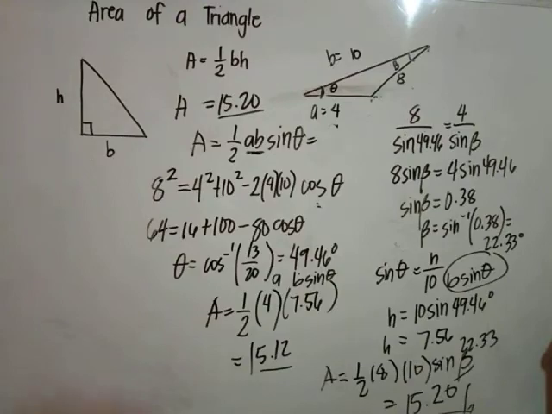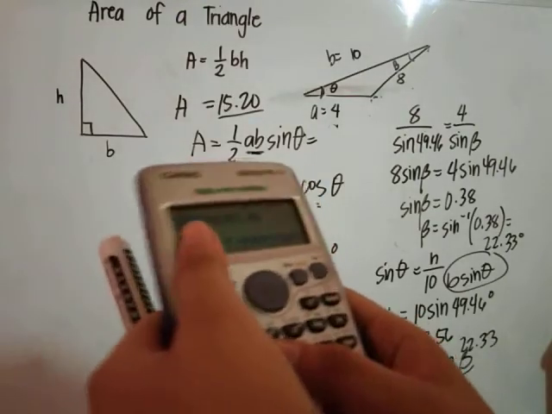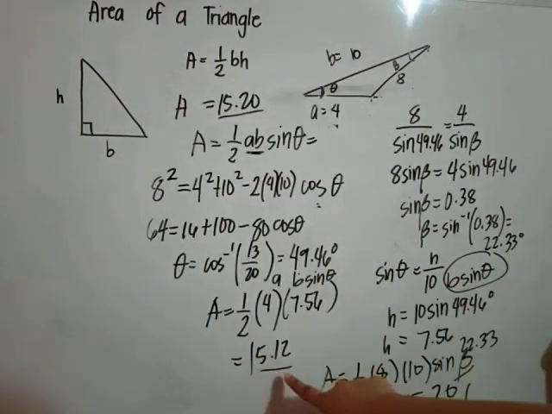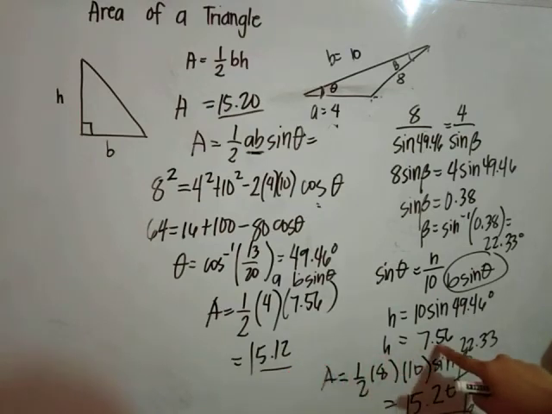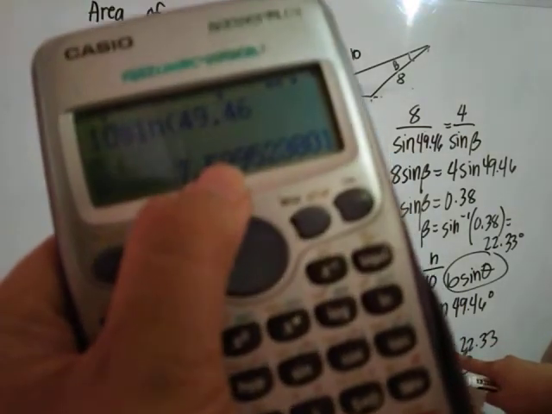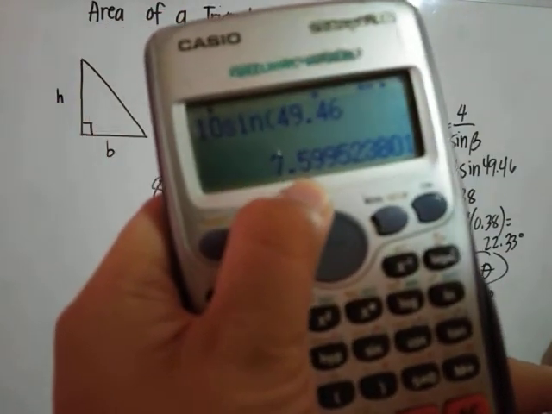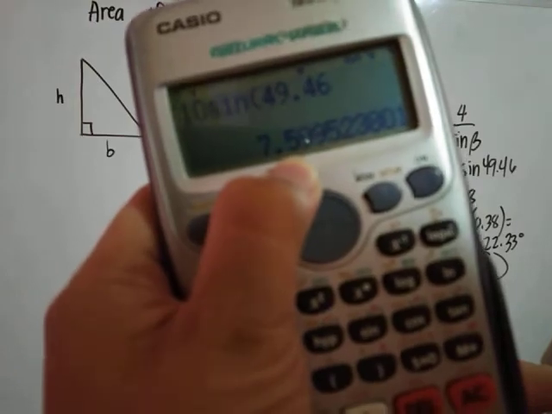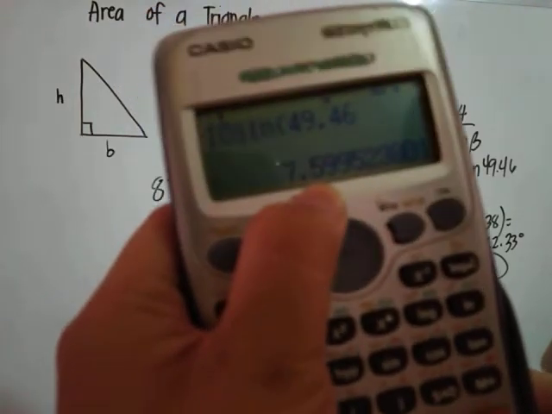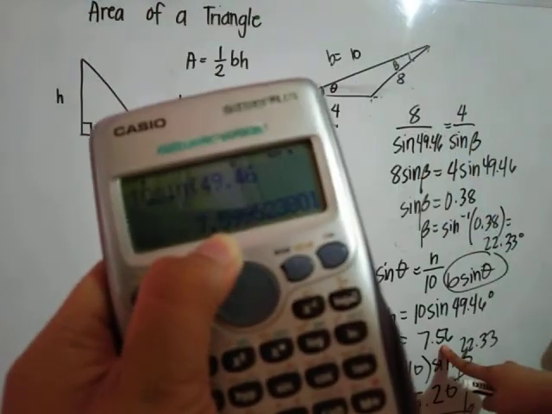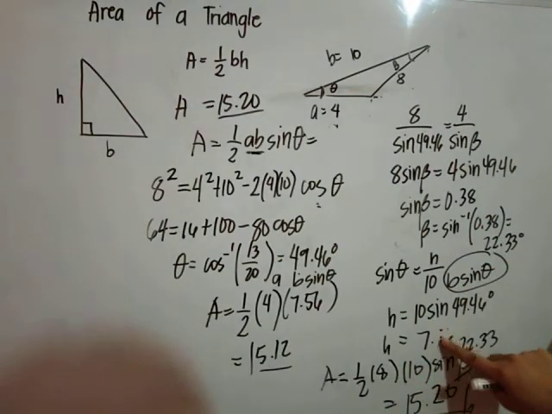Hindi pala, wait lang. Kaya pala may discrepancy dito. May konting pagkakamali tayo pagkuha ng h. Yung 10 sine 49.46 natin is hindi 7.56, kundi 7.59995. So, i-round off na natin by 7.6.